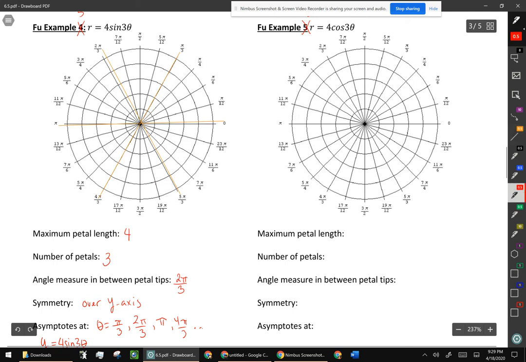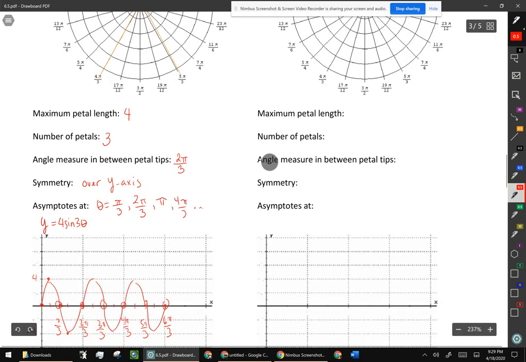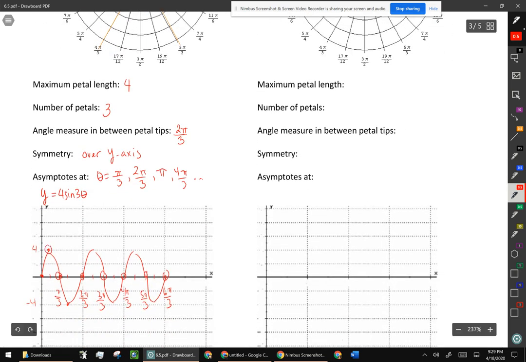So let's sketch this. Now, we can look at a rectangular graph and figure out that, well, that's pi over 6, because if over here is pi over 3, then that's half, so it's pi over 6.